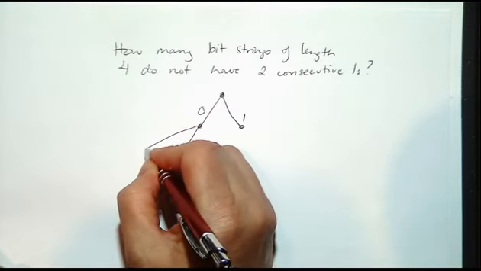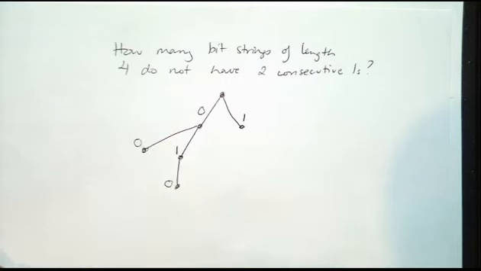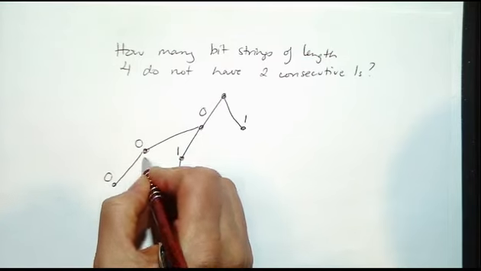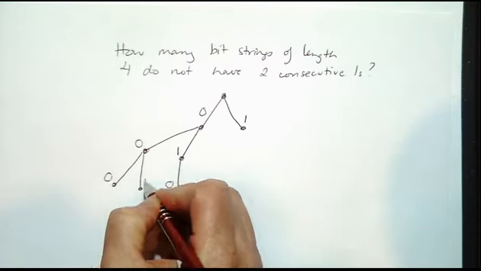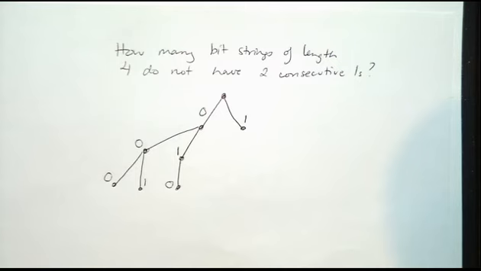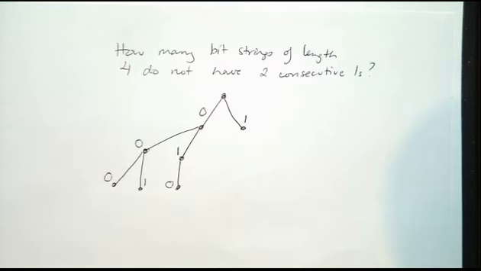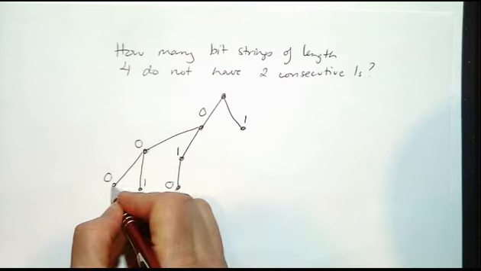I should have made a 0 go to the left just to be consistent. Okay, so if I get a 0, again, I'm allowed to have another 0. And a 1 is okay too because I don't have any 1s yet. So far I have 3 characters down to this length, so I need to get one more. If I have a 0 here, I'm allowed to have both a 0 and a 1.